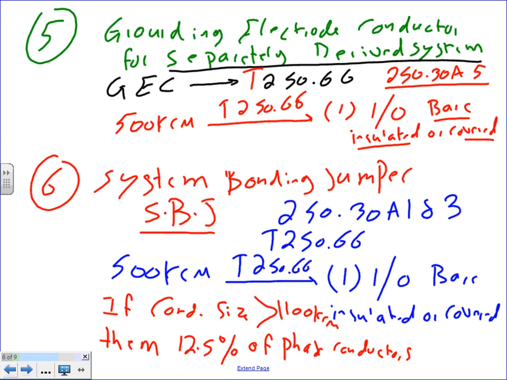This is what you guys know, 12.5%. In our case, we're not higher than 1100 kcm, so we don't have to worry about this.